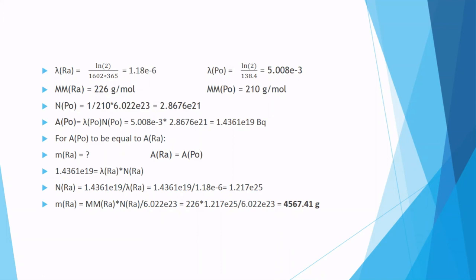By dividing this number by Avogadro's number, then multiplying it by the molar mass for radium, we see that 4,567.41 grams of radium are required to equal the activity of 1 gram of polonium.